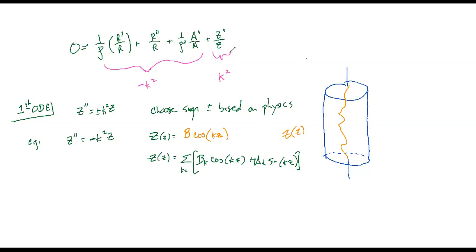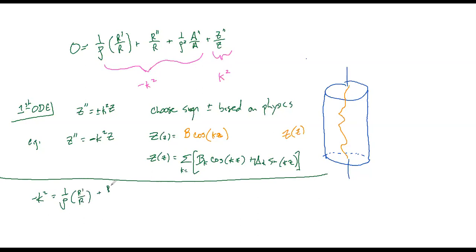Okay, so that is the solution of just this part. So now we have to keep separating. We have the part on the other side, and we have minus k squared equals 1 over rho, R prime over R, plus L prime over R. Okay, so this will be the second and the third ordinary differential equation. We've got to get R by itself, or A, whatever.